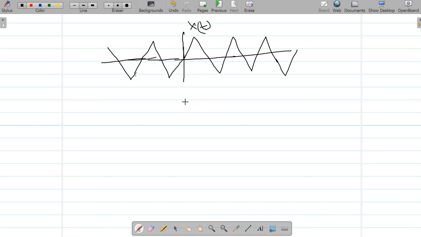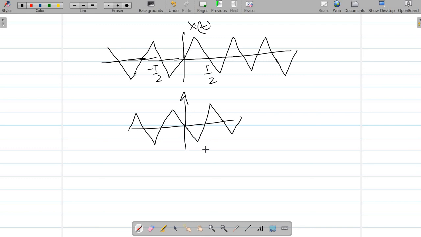Now, let us say x of t. This is T by 2 and this is negative T by 2. Let me shift this wave by T by 2, that is delay in the positive direction.